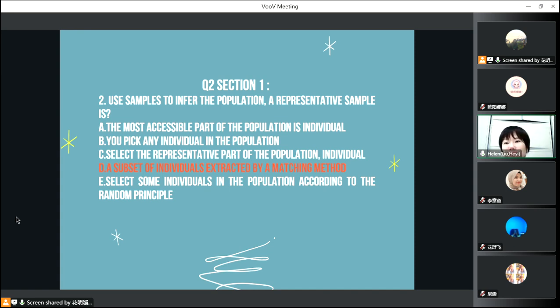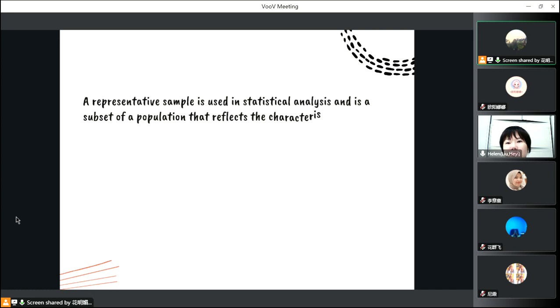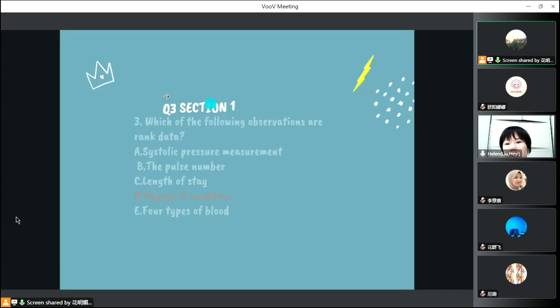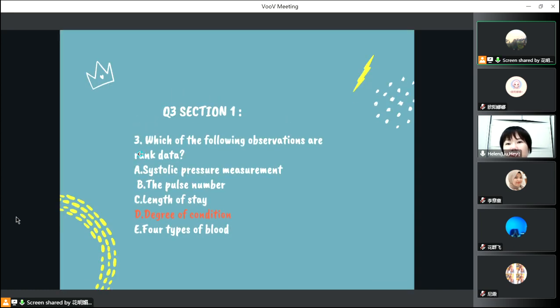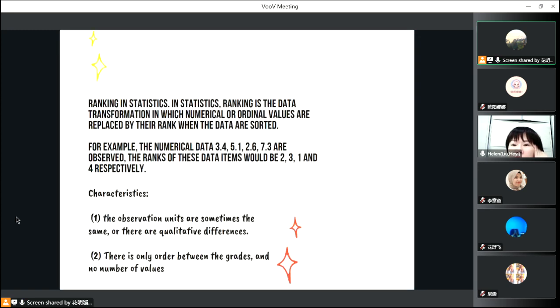Okay, now we move on to the third question. The question is, which of the following observations are rank data? So first of all, we have to know what rank data is. Ranking in statistics is the data transformation in which numeral or ordinal values are replaced by the rank when the data are sorted.